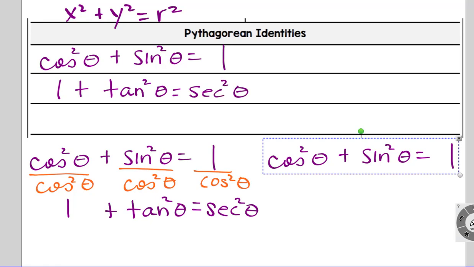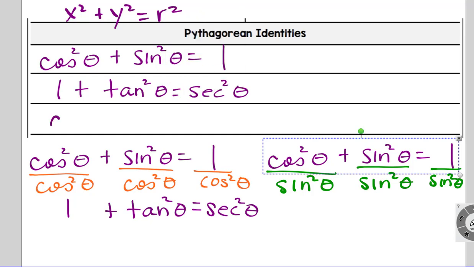So I can also divide through by sine squared theta. And if I do that, then we get what?